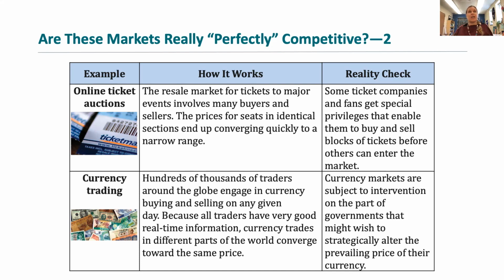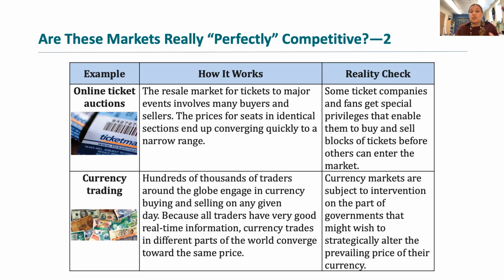And finally, if you look internationally and think about currency trading, hundreds of thousands of traders around the globe are buying and selling currency on any given day. Because all the traders have real-time information, currency trades in different parts of the world tend to converge around the same price. But currency markets are often subject to government intervention.